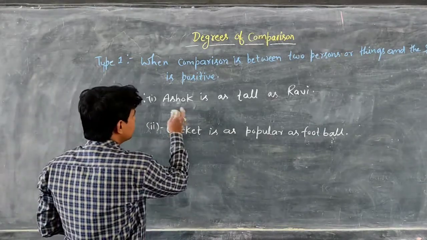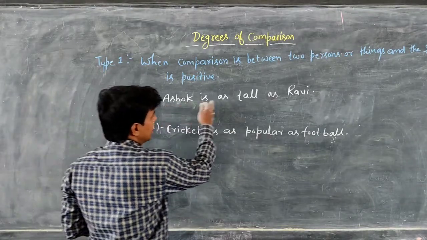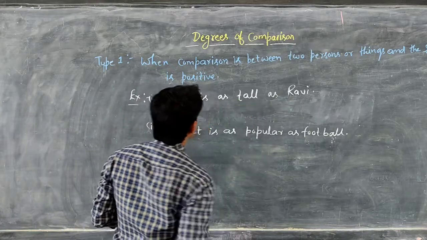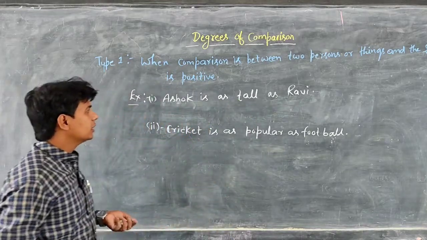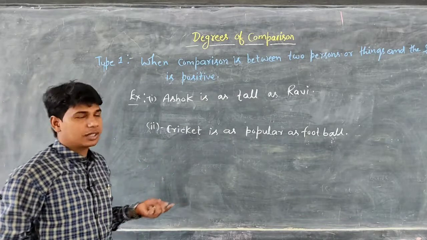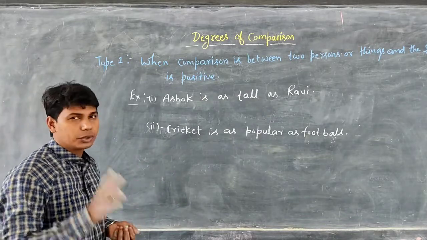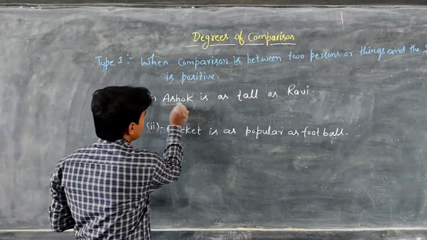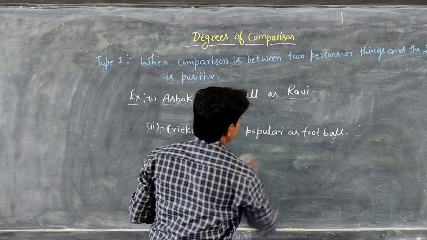Suppose this is the example: Ashok is as tall as Ravi. So here there are two persons and the comparison is between only two persons, Ashok and Ravi.